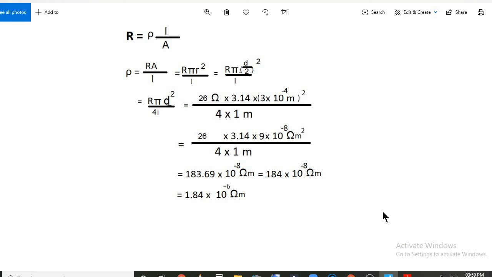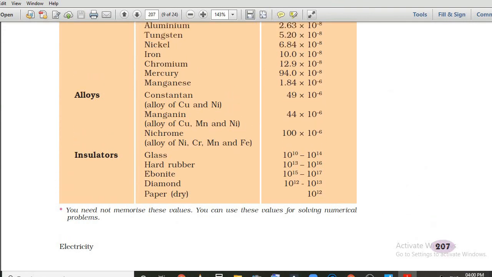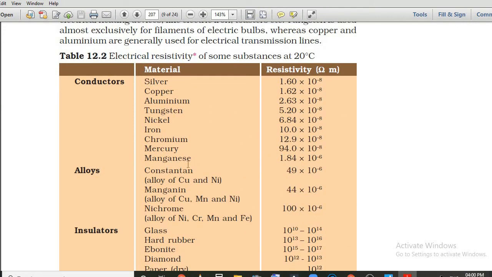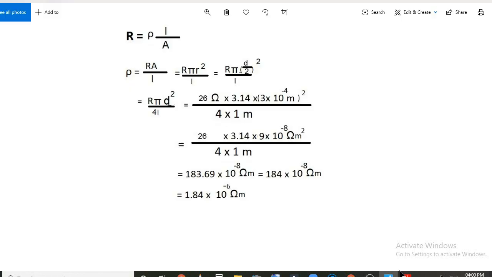Now it is asked that you need to compare the value of the resistivity with the materials by using the table given in the textbook and identify which material it is. Let us see. This is our table, and you can see here the manganese, 1.84 into 10 raised to minus 6. You may write this answer.